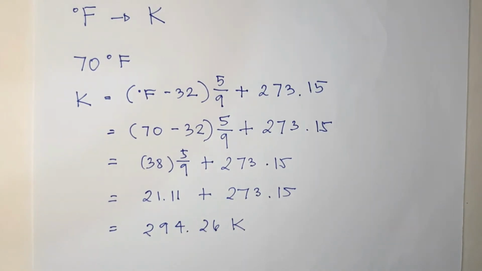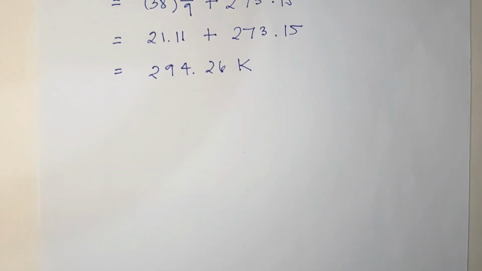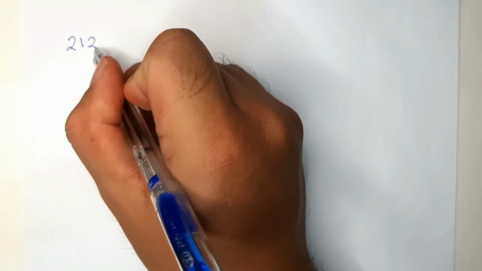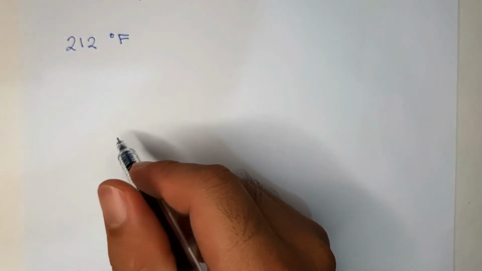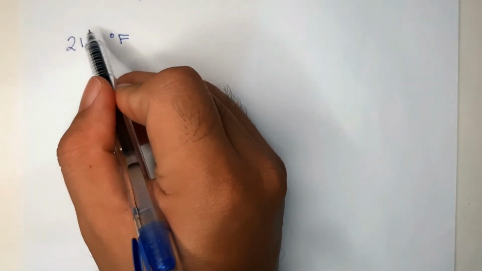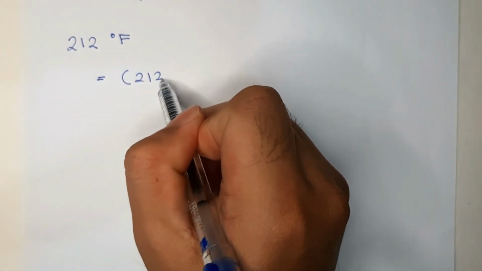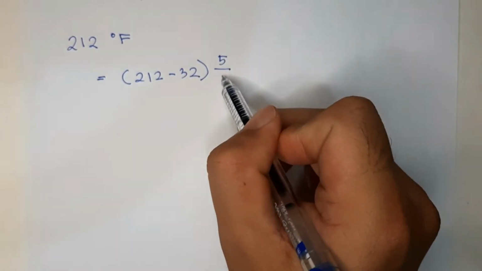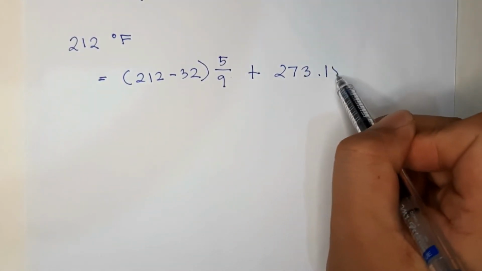So now it's your turn. Feel free to work on these examples and pause the video. So our next problem to be converted is 212 degrees Fahrenheit. Again, we're going to use the formula and plug in the value of this one. So 212 minus 32 times 5/9 plus 273.15.